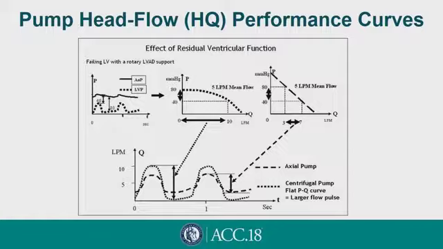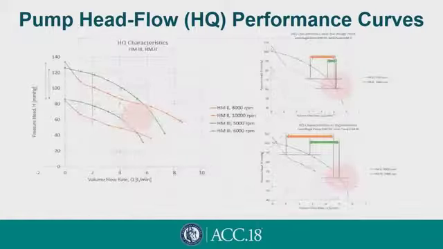Generally speaking, with a flat as opposed to a steep pressure relationship, any change in pressure represents a larger degree of flow. In that situation, you're likely to see more flow variability during the cardiac cycle. As the cardiac cycle changes, there are differing pressures through diastole and systole, and you would see more flow variation with a pump that has a flatter pressure flow relationship than one that has a steeper one.